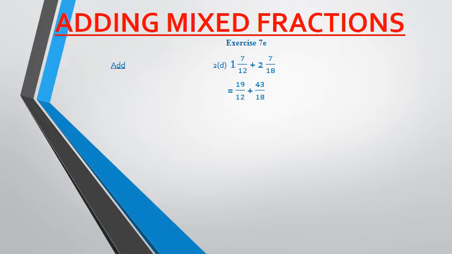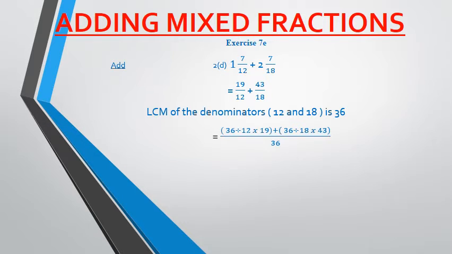Now we have to find out the LCM of the two denominators, 12 and 18. So the LCM of 12 and 18 is 36. So now the sum of these two fractions is equal to 36, which is the LCM, divided by 12, which is the first denominator, multiplied by 19, which is the first numerator, plus LCM 36 divided by the second denominator 18 multiplied by the second numerator 43 upon the LCM of the two denominators, that is 36.